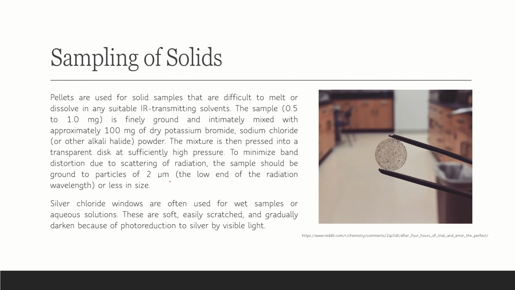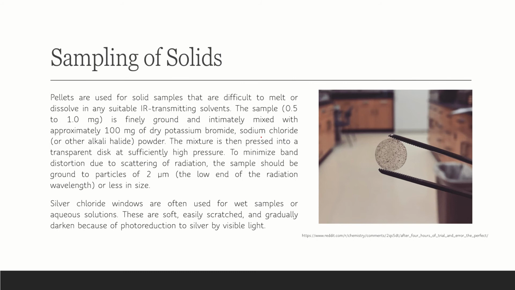Why should the particle size be small? So as to avoid scattering of the radiation. In case the sample is wet, we use silver chloride windows, because alkali halides, for example sodium chloride, can be dissolved by water.